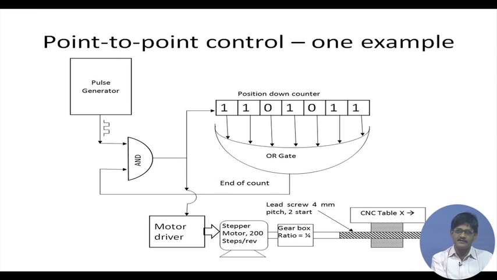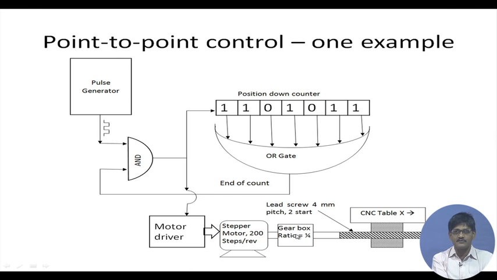So, we can plan it in this way that if I have a definite programmed motion to be carried out, I will put a corresponding calculated value of a binary number here. After this gets counted down to the pulses which are coming out from the pulse generator, further pulses will be stopped when this reaches end of count and the motor will be stopping after carrying out those many angular steps of motion.